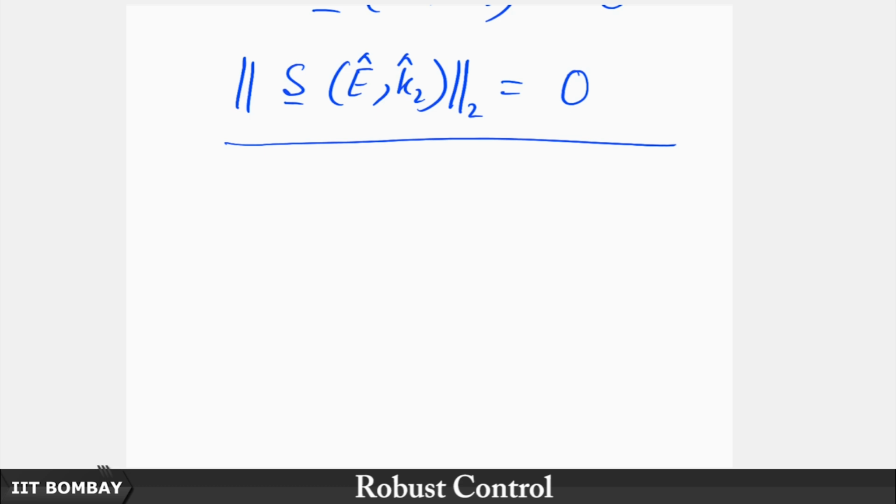So once we are through with both the H2 and H infinity control synthesis problems, you will see that LMIs indeed are a very powerful tool that allow you to solve a plethora of problems, within the ambit of which H2 and H infinity are just two examples.